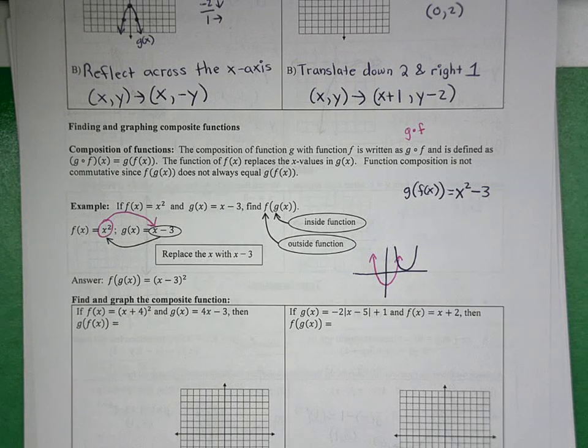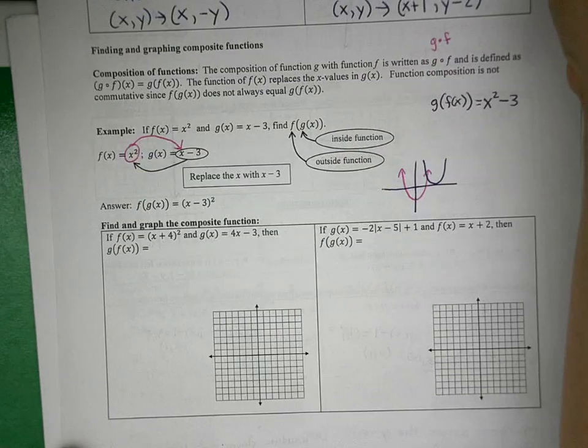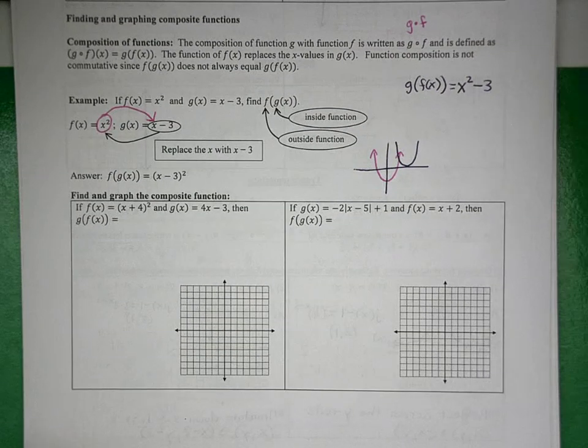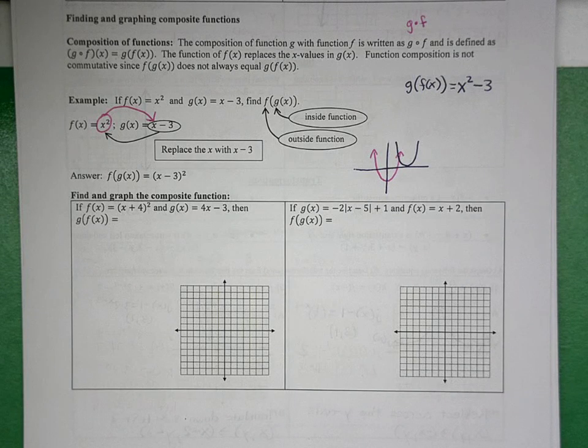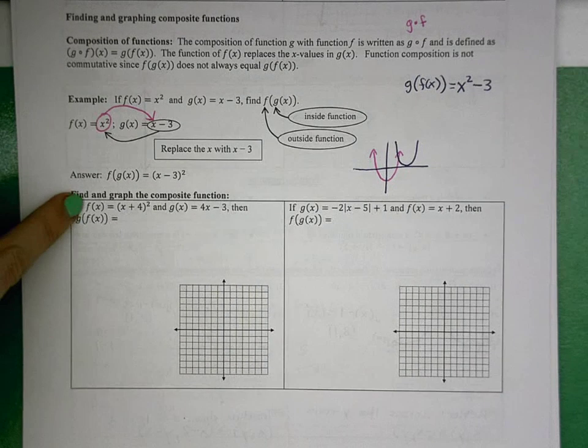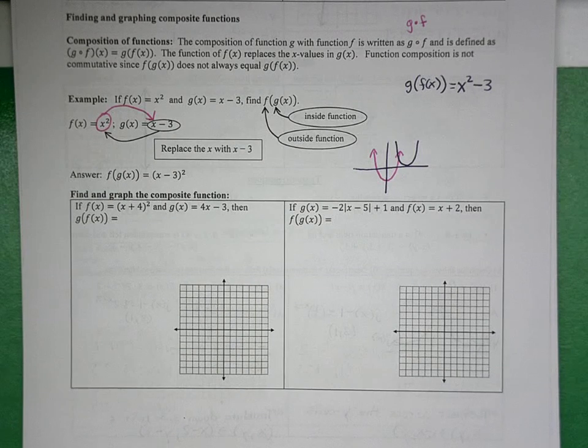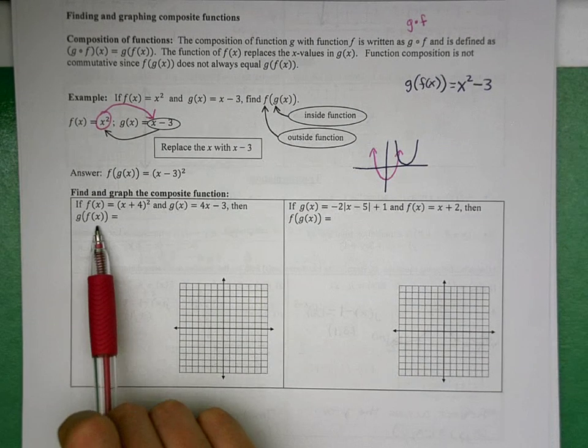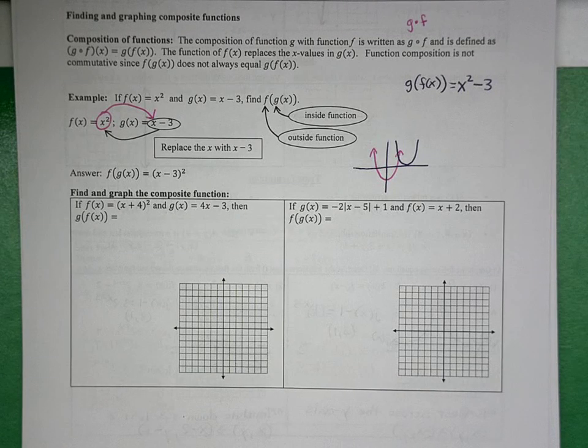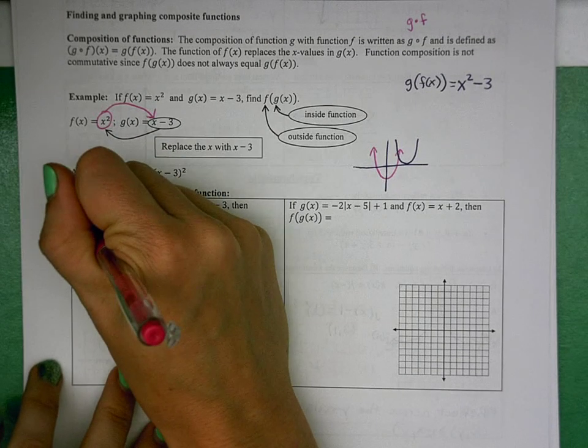Two examples, one for me, and then I'm going to encourage you to pause the video and try the other one on your own. Okay, we have if f of x equals x plus 4 quantity squared and g of x equals 4x minus 3, then find g of f of x. Okay? Well, this means that f of x is getting plugged into g.